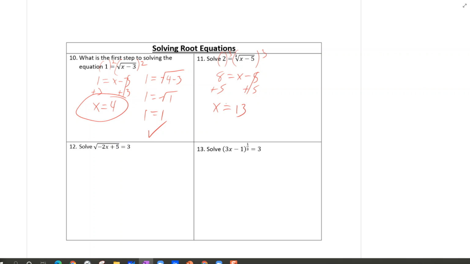Number 12, square both. I hope they're all this easy on the test. Square both sides. Finish solving for x.